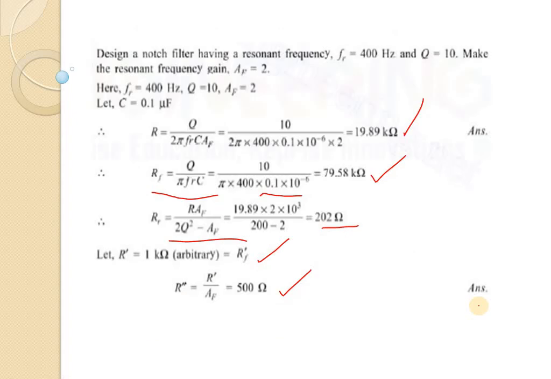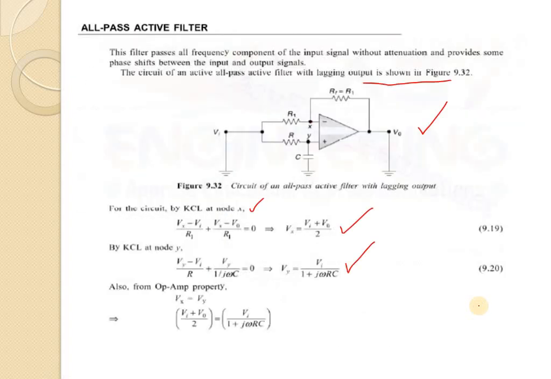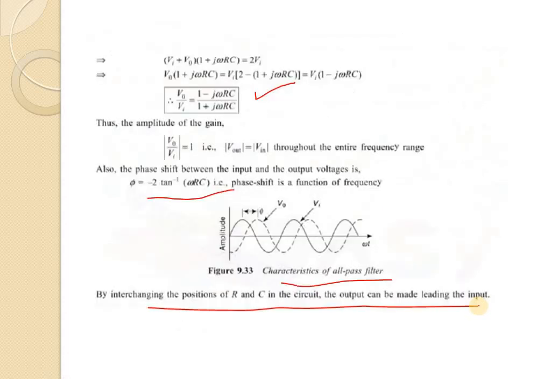And an all-pass filter will pass all the frequencies, and the difference is that there will be some amount of phase shift between the input and output side. That is the basic difference. Otherwise, if all frequencies are passed, there would be no difference between input and output.